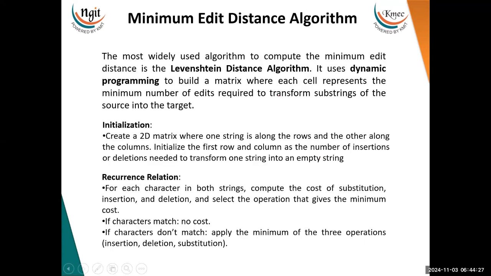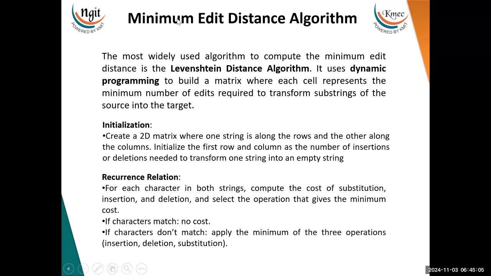When we talk about minimum edit distance, we discuss the Levenshtein distance algorithm. It uses dynamic programming to build a matrix where each cell represents the minimum number of edits required to transform substrings of the source into the target. We initialize a 2D matrix, with the source string in one row and the target string in one column.